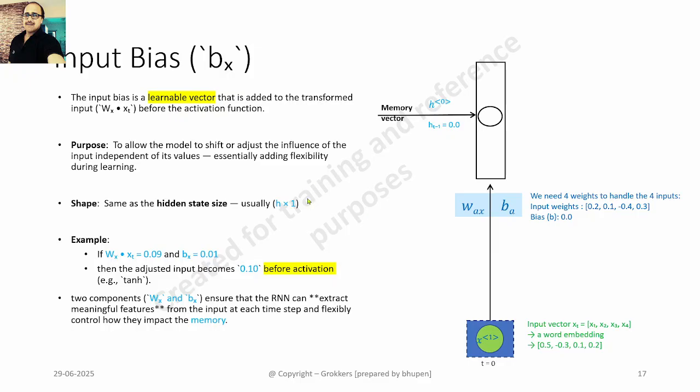We simply add the bias to the linear transformation, and before activation, the output of the W and the bias will go to an activation function, which can be ReLU or tanh.